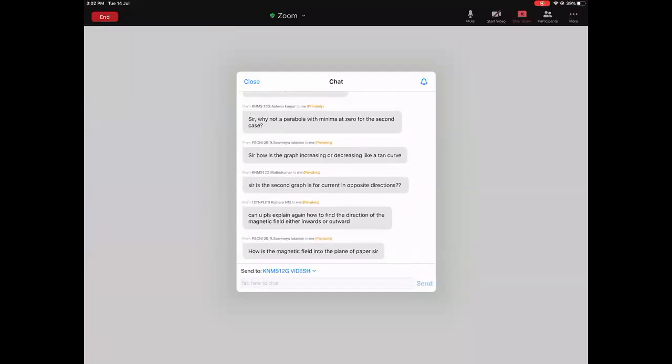How is the magnetic field into the plane of paper? Grab the wire with your right hand. On one side, the fingers will be going inside, and the other side, the fingers will be coming outside.